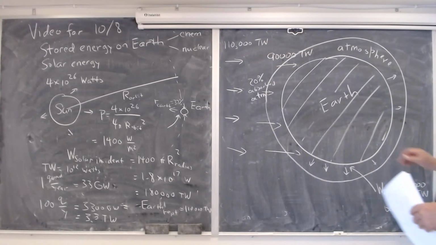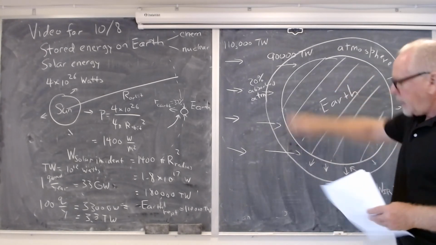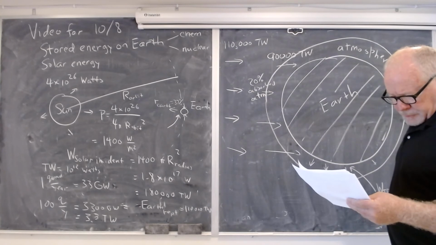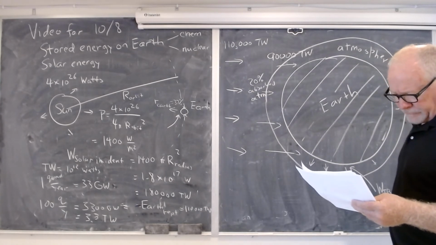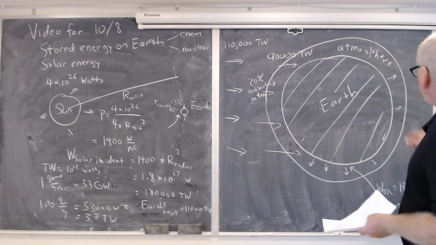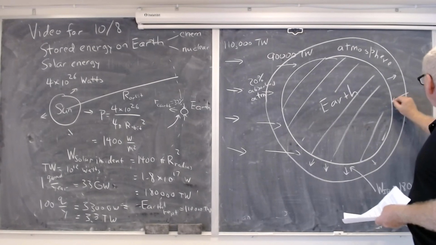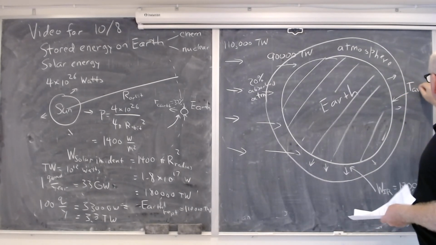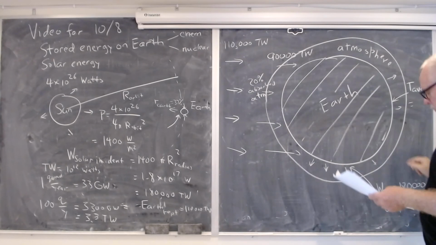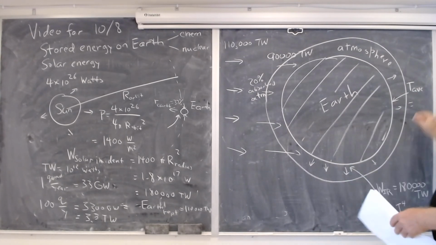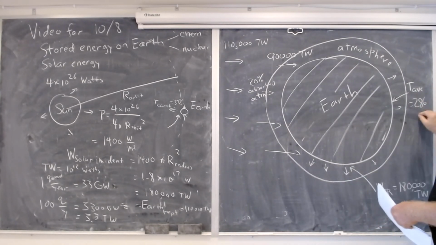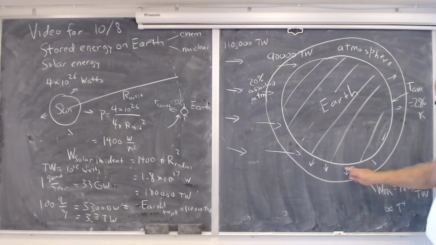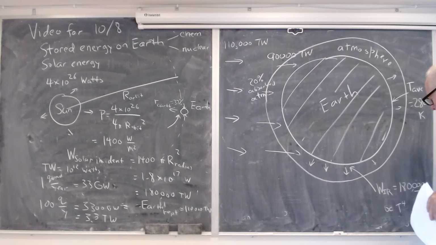So, at the Earth's average temperature, which, what did I use there? The Earth's average temperature, 13 centigrade. T average is equal to 13 centigrade, which is 286 Kelvin. Okay, at the Earth's average temperature, it is emitting infrared radiation of about 180,000 terawatts continuously.